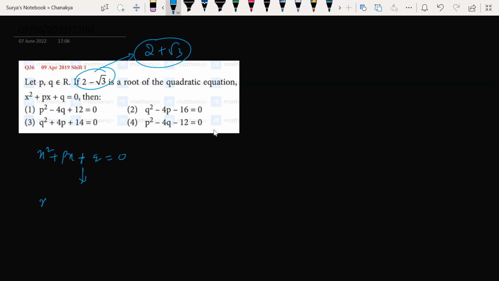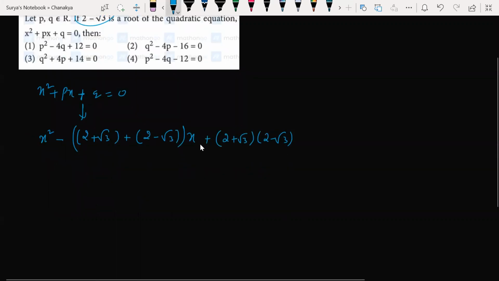So I can frame a quadratic equation by using these two roots: x square minus sum of the roots x plus product of the roots. Now, 2 plus 2 is 4, the root 3 terms get cancelled, so let me write x square minus 4x. Am I correct?